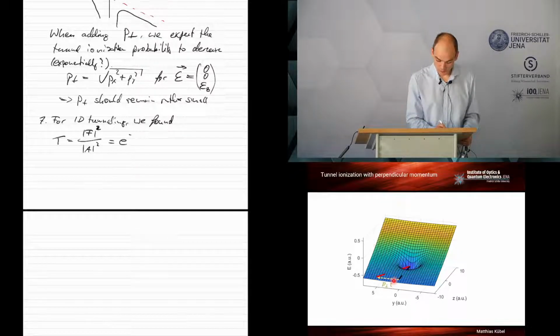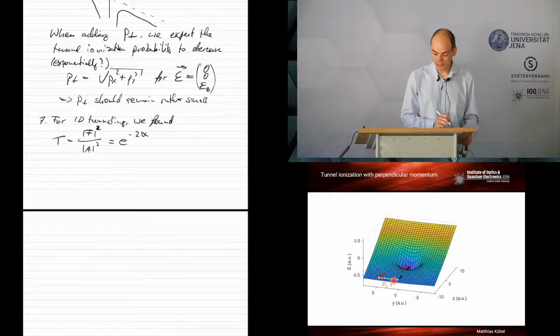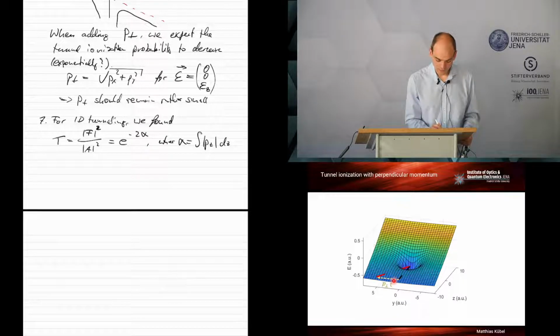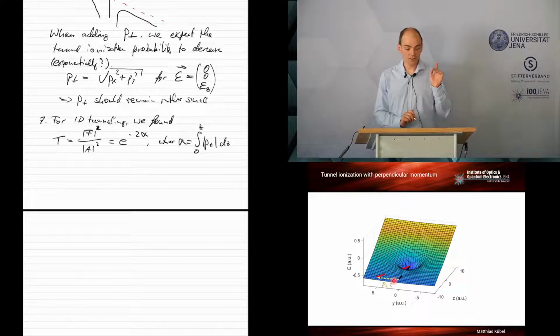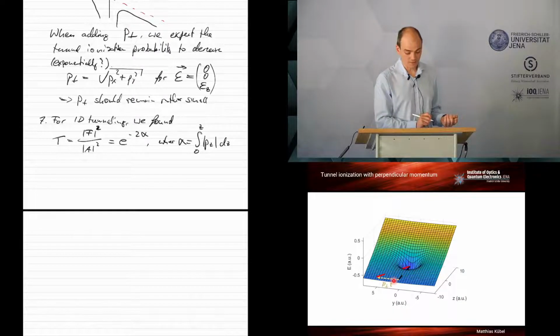We wrote this as e to the minus 2 alpha, where alpha was given by an integral essentially over the momentum along the z direction under the tunnel.